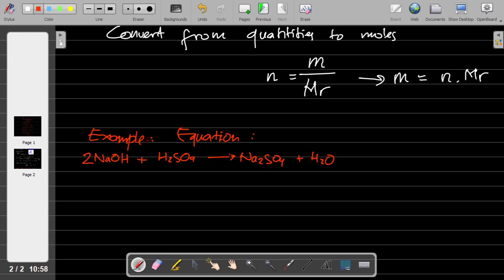Then we have two Na here, we have two Na here, and then for the H, we have two H here, and we also have two H here, but on the right hand side we only have two H, so it must be times by 2.